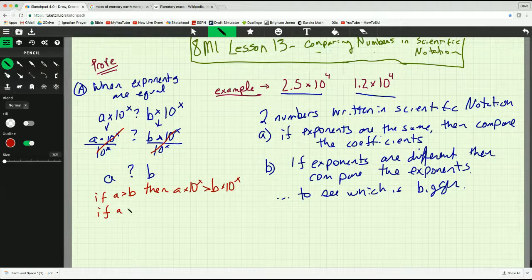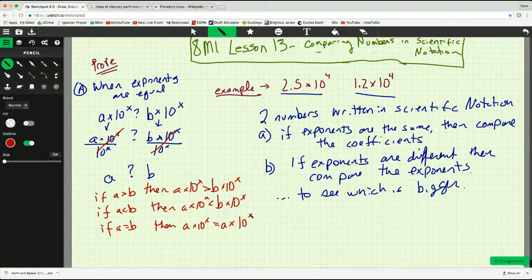If A is less than B, then A times 10 to the x is less than B times 10 to the x. And if A equals B, then A times 10 to the x equals B times 10 to the x. Okay, so that's the easy case if the exponents are the same.